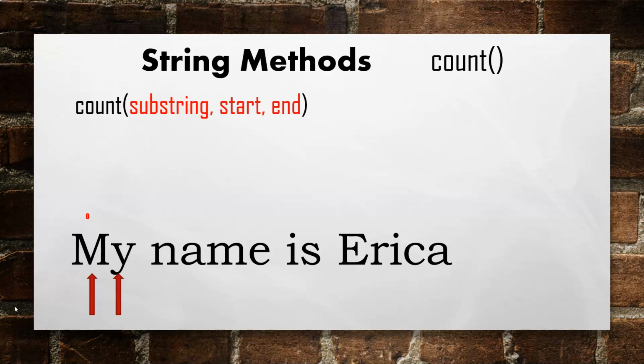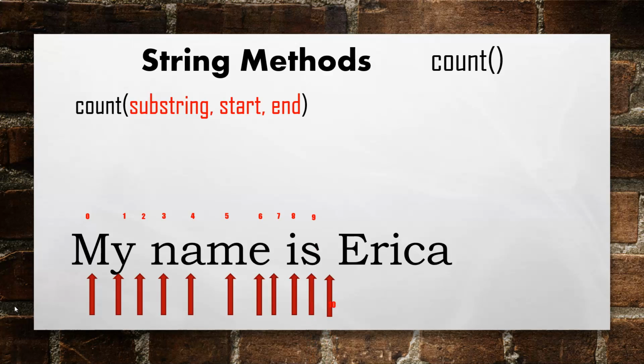M is in location 0, Y is in location 1, the space is in location 2, the N is in location 3, the A is in location 4, the M is in location 5. You get the picture. The E has a location 6, space 7, 8, 9, 10, 11, 12, 13, 14, and 15. Okay, so each character has a location.